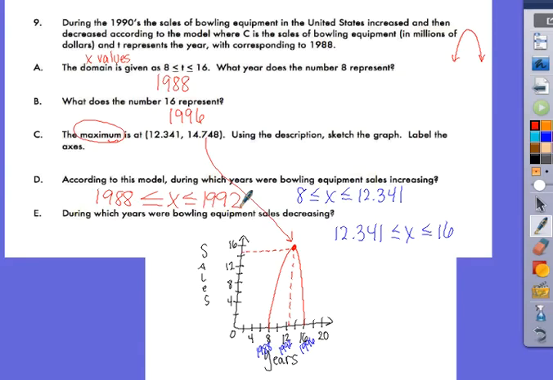Okay. And then what about the decreasing one, from about 1992 again to 1996? Yes. Because it says during what years, we should be using the years. You see the difference here, using years versus using the numbers that we had on the graph? They still represent the same thing, but you do want to make sure you're using the years. Okay, is that the last one?